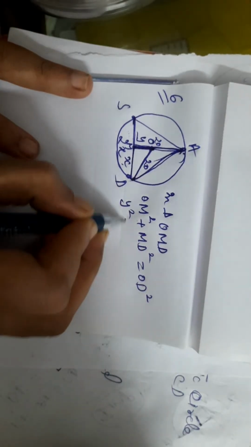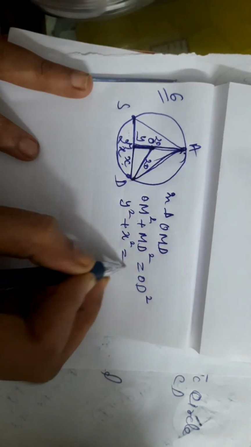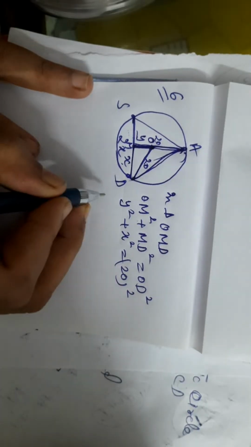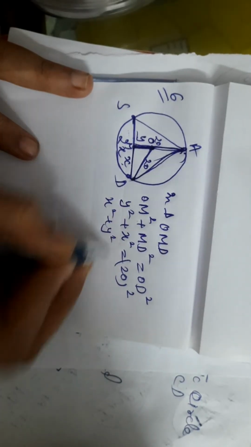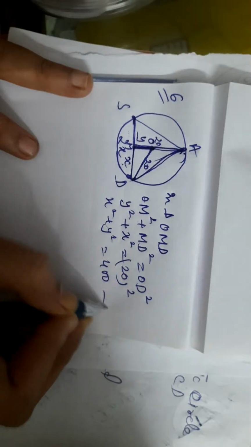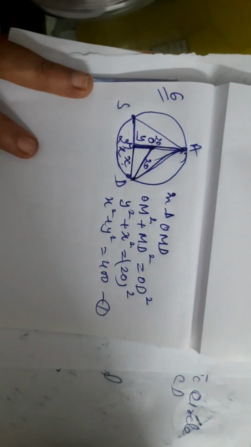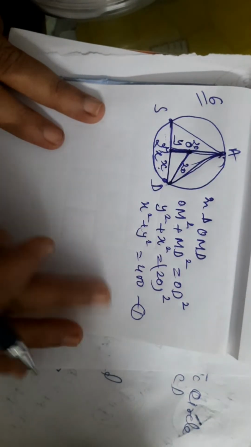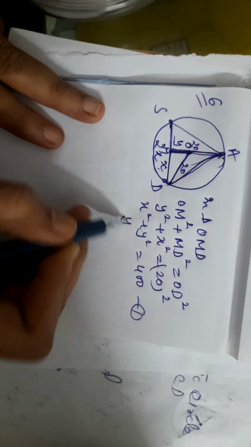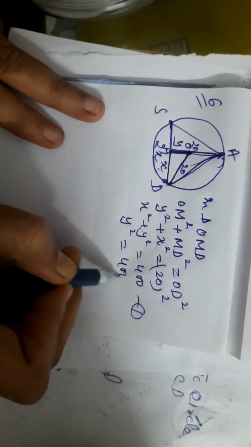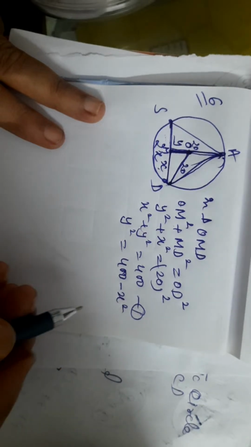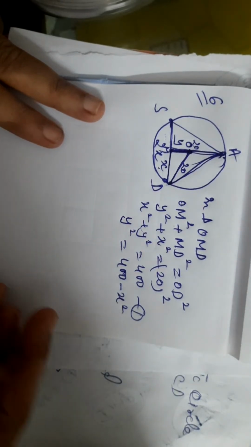OM is y, MD is x, and this is 20. So x square plus y square is 400. This we got as the first equation. Keep it aside. Out of this we can find the value of y square also. y square will be 400 minus x square. Let that also be aside.